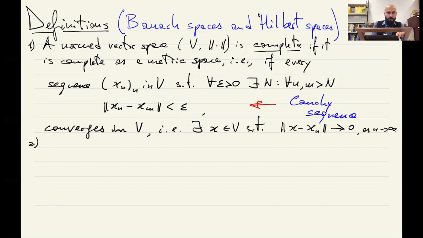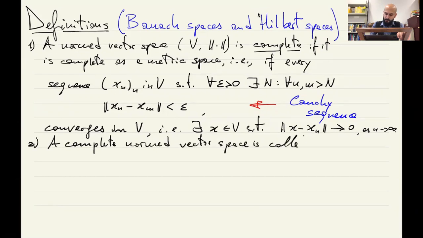Okay, now that we know what is a complete metric space, we say that a complete normed vector space is called a Banach space.